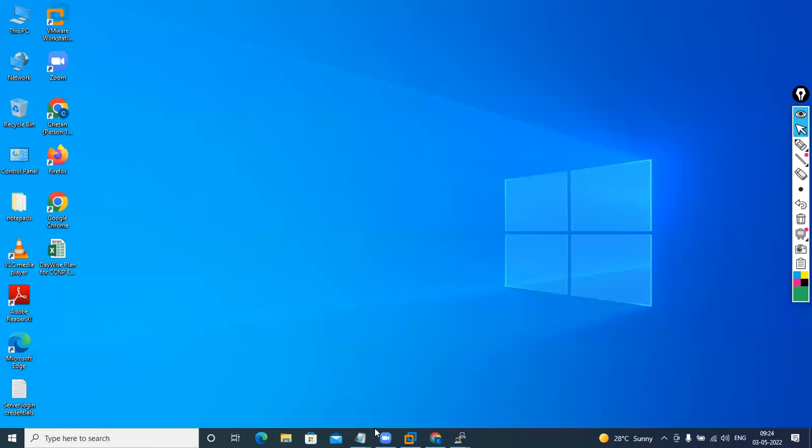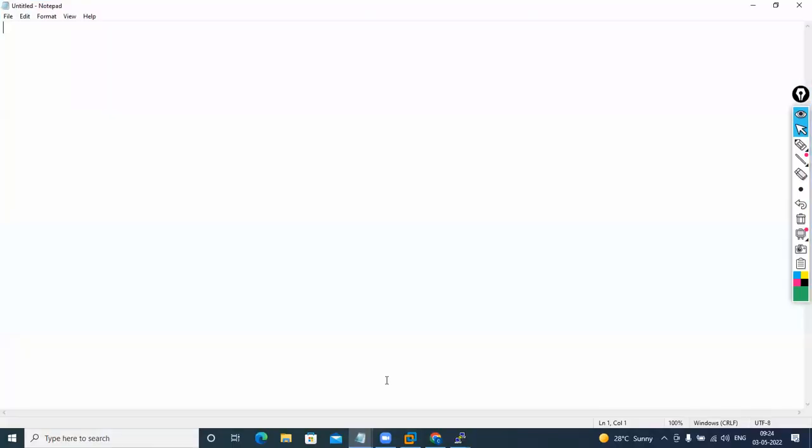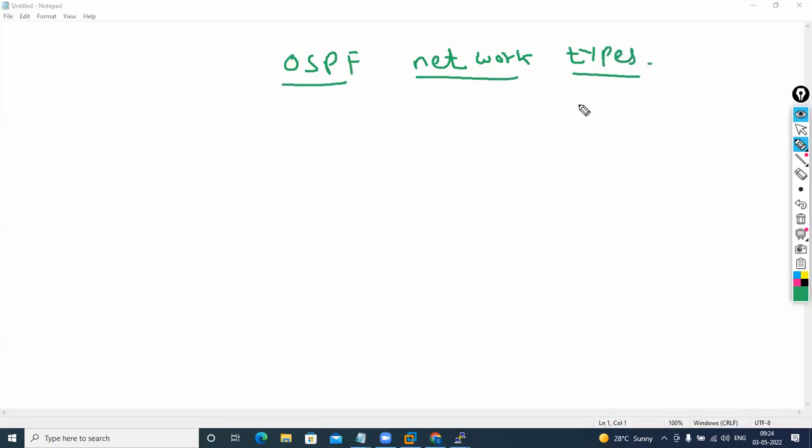So let me finish off another topic as well. That is network types. OSPF network types. If we talk about OSPF network types, we have 5 network types.